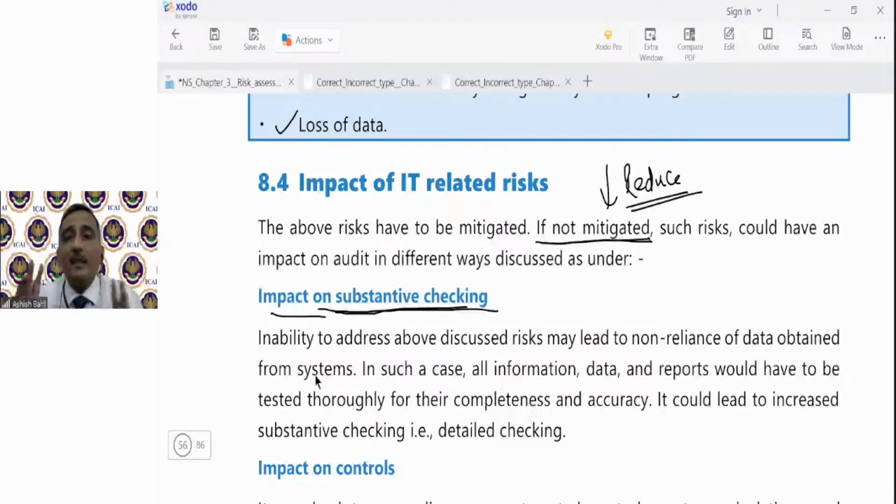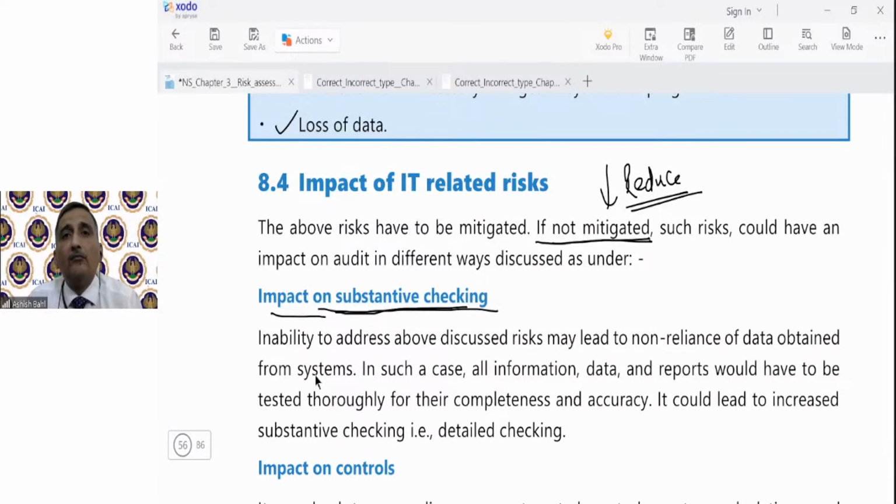ERP systems are more complex because all the processes are integrated. So unless the auditor gains an understanding of the system which he is going to audit, if he does not know how that system runs or what its different aspects are, then how will he be able to do a proper audit? So this much you have to understand: what kind of IT system the company is using.